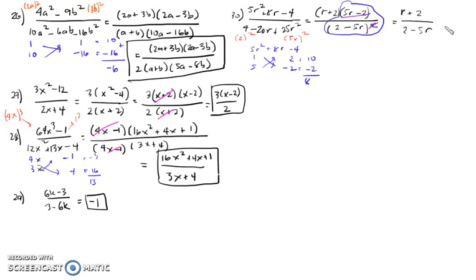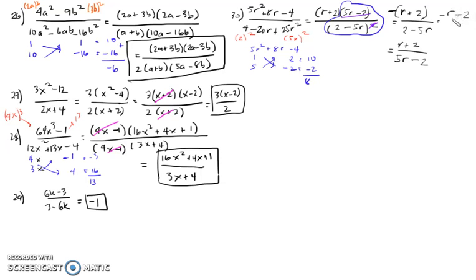So again, by rewriting this, factor out the negative, so that gives us r plus 2 over 5r minus 2. Since you factor this one, you put negative here, right? So distribute negative, it will become negative r minus 2.